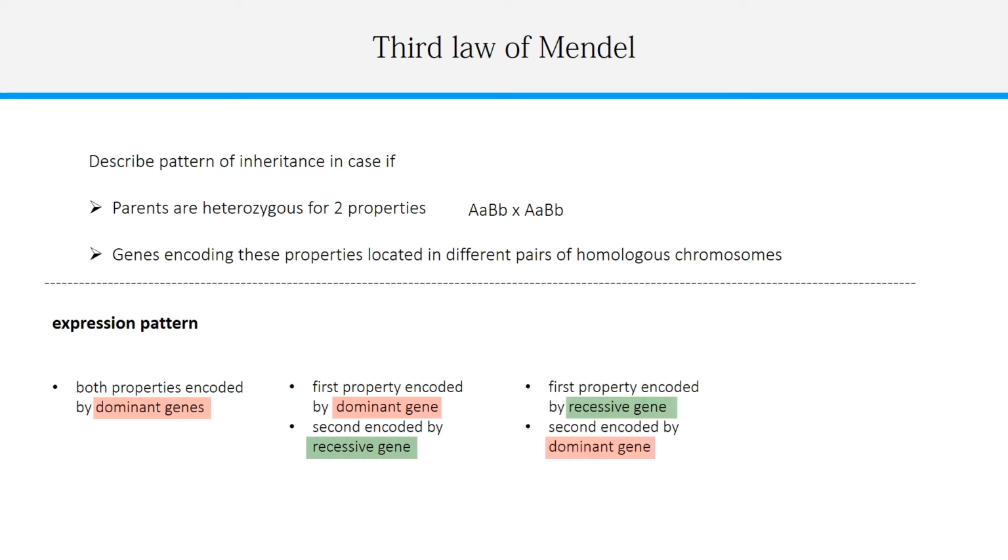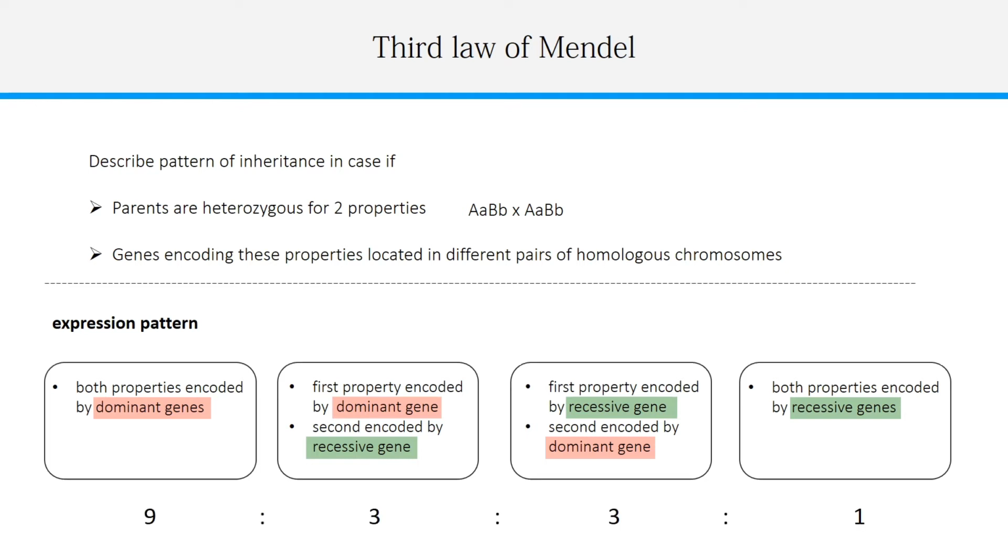Also, there will be some next generation organisms where the first property is expressed due to the activity of a recessive gene and the second property is expressed due to the activity of the dominant gene. And also there will be some next generation organisms where both properties will be developed due to the activity of recessive genes. And the proportion between these different possibilities will be 9 to 3 to 3 to 1.